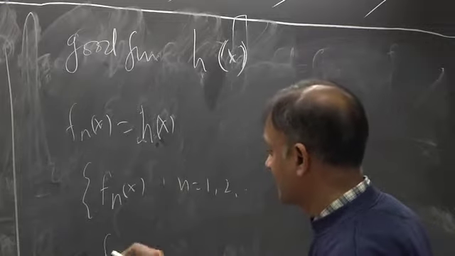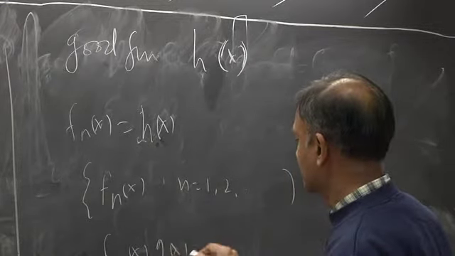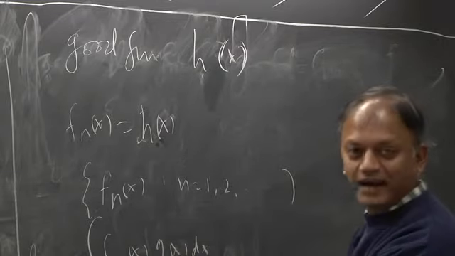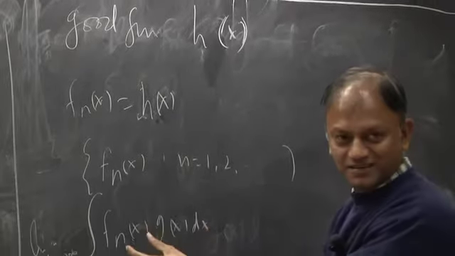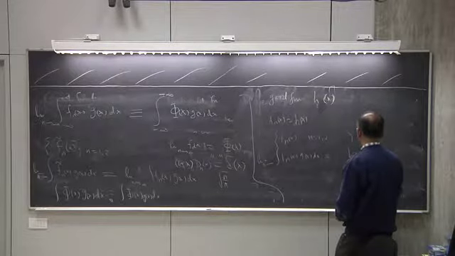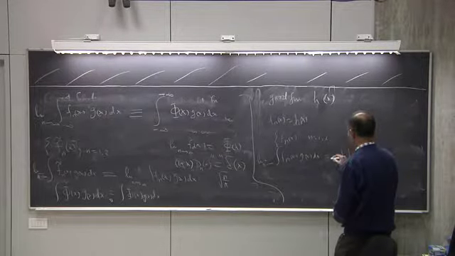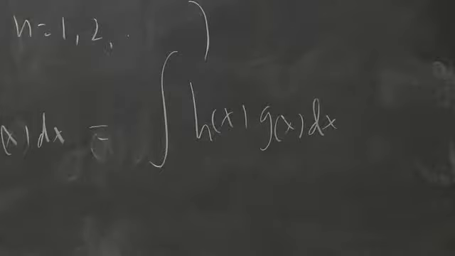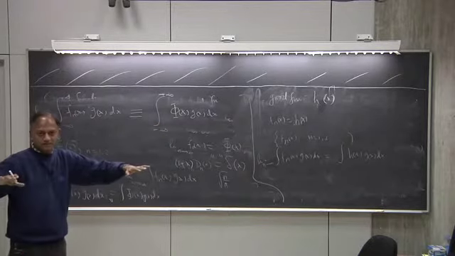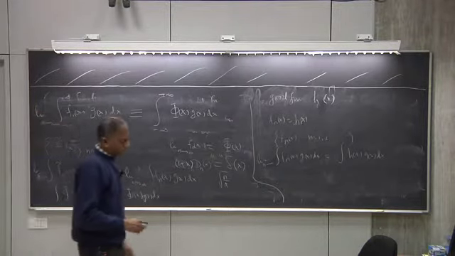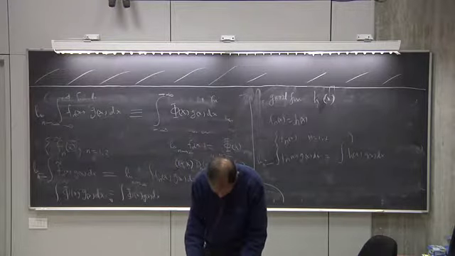Then it's obvious that the integral of f n x with g of x dx has a limit, because for every f n this is simply h of x, so the limit is the same, equal to the integral of h of x g of x dx. So that limit exists. In a trivial way, you can write every good function as a generalized function, meaning a good function can be written as a sequence which satisfies the property that the limit exists.